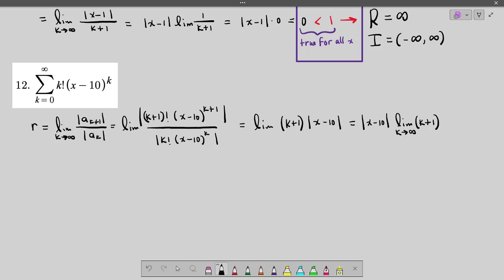So we can think of it as acting like a constant in this limit expression. We have the limit as k goes to infinity of k plus 1 multiplied by the quantity x minus 10 in absolute value. And what is this limit? Infinity.